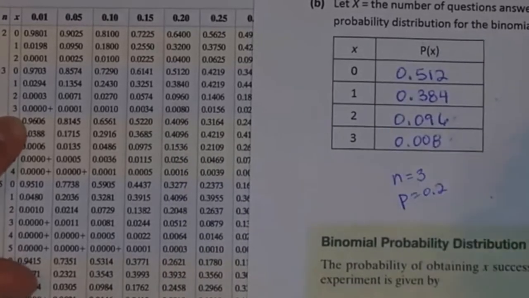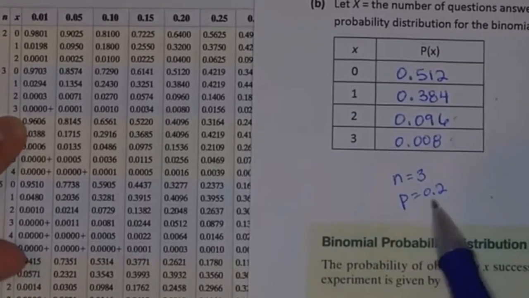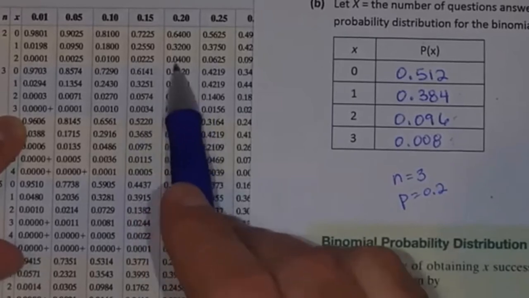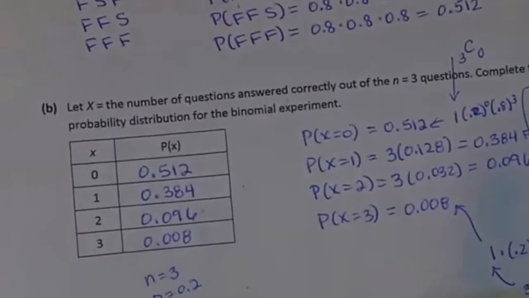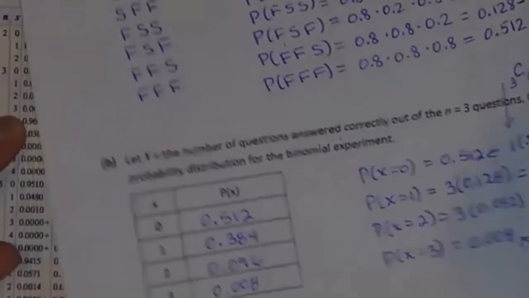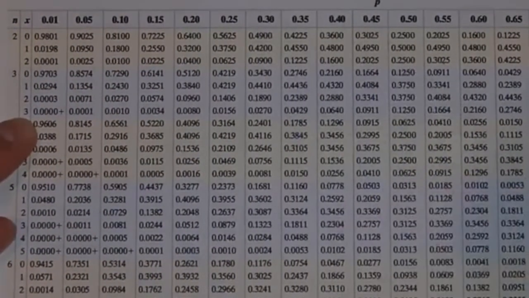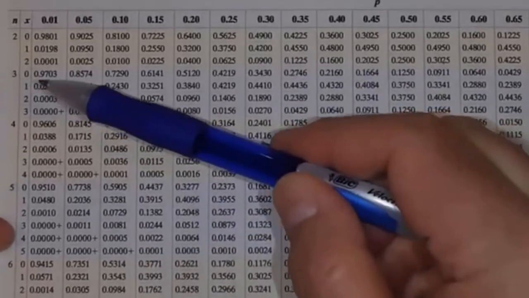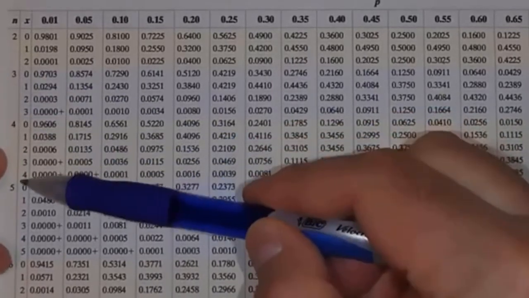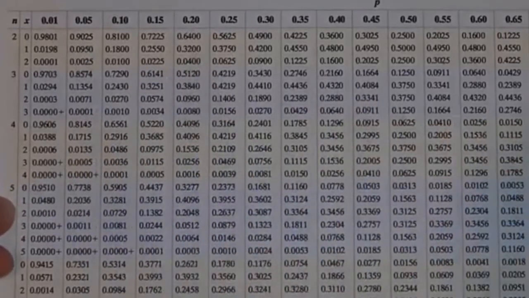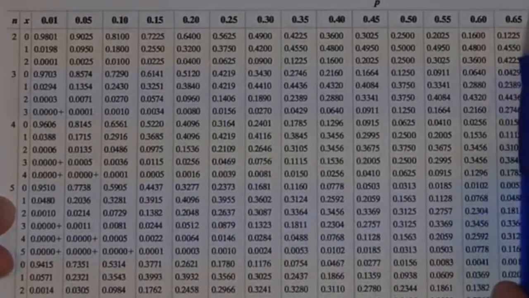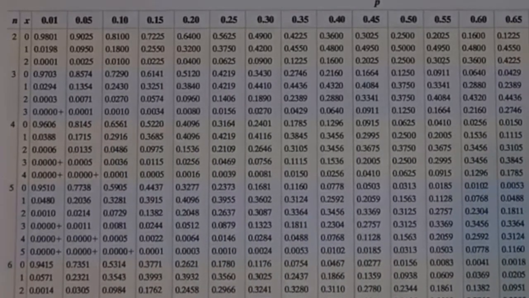So this probability distribution, where n equals 3 and p equals 0.2, is already calculated for us in this table. So instead of me having to go through all the trouble calculating this, I could have just looked it up in this table. So I go to the appropriate section for the number of trials we have, and then I go to the appropriate probability of success, and I use that column in my table.